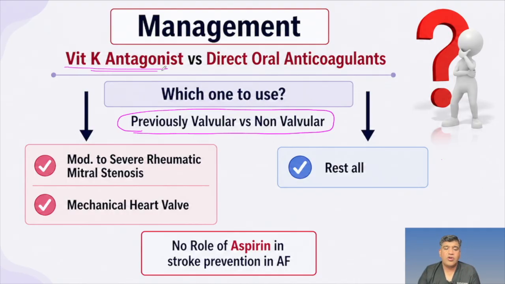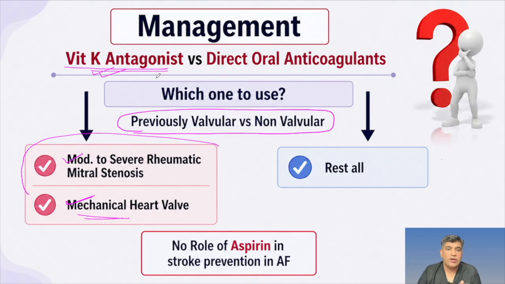Vitamin K antagonist in patients who have moderate to severe rheumatic mitral stenosis, or who already have a mechanical heart valve implanted in them. So these two subsets of patients, moderate to severe rheumatic MS and patients with a mechanical heart valve, to mitigate the risk of thromboembolism in AF patients, we have to give vitamin K antagonists.